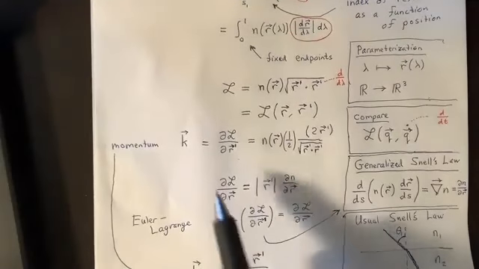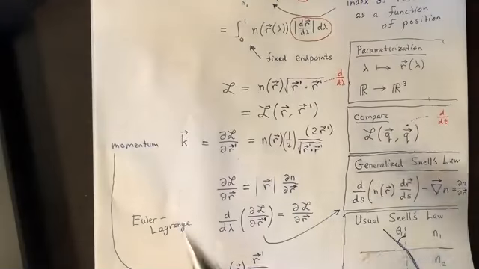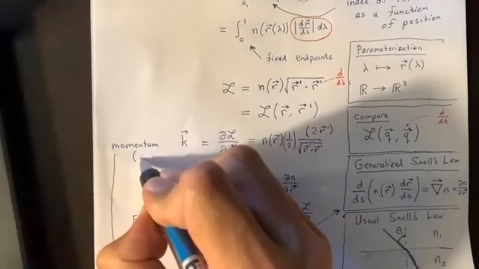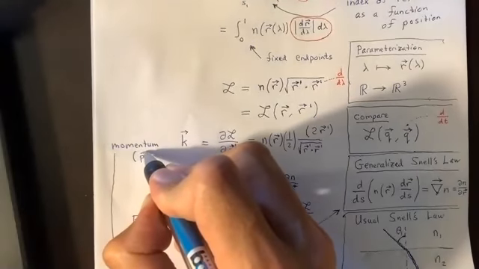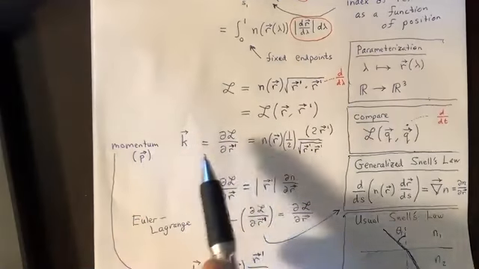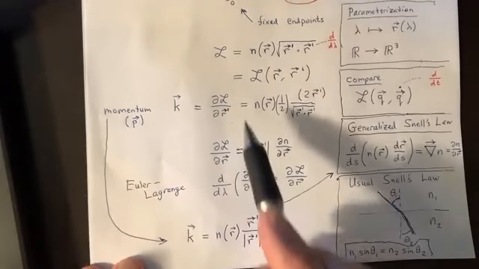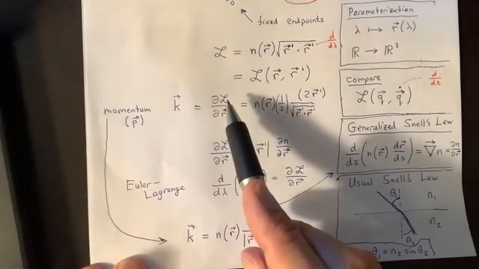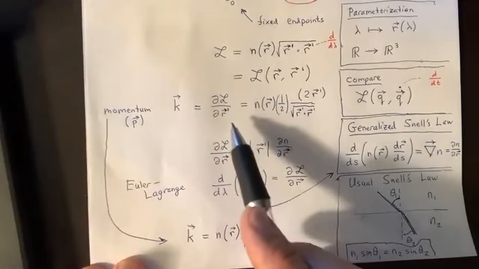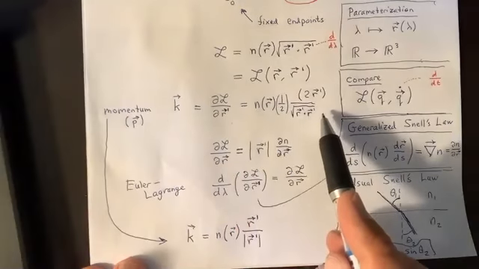We have the definition of the momentum. In mechanics, this would be called P. In optics, they call it K. For the definition of the generalized momentum, you take the Lagrangian and compute the partial derivative with respect to the velocity. That was this calculation here.